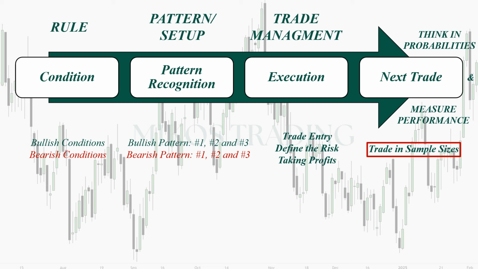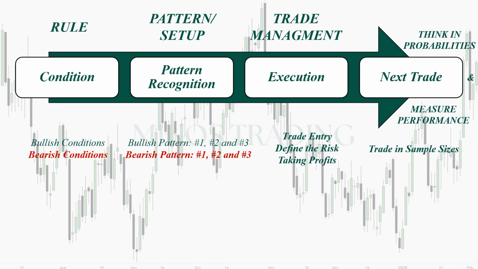That is why I always trade in sample sizes of 20 trades or more. That way, I make sure that I'm thinking in probabilities and judge the viability of my edge based on the results of at least the next 20 valid trades or more. In other words, I determine my success on the results of my valid sample size rather than on a trade-by-trade basis.